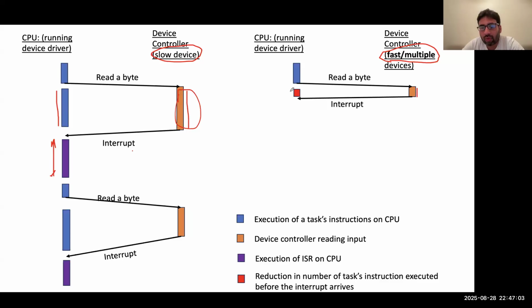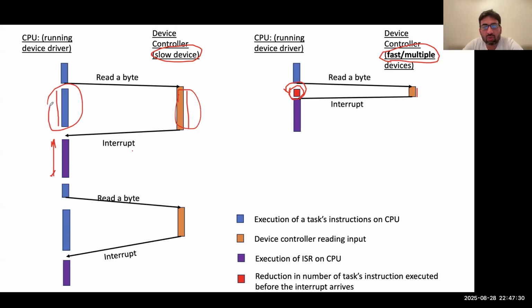Now the amount of time for which the CPU was waiting for the read operation to complete is relatively small. Hence, the CPU can complete only a relatively small amount of useful work before the interrupt arrives. What I want you to focus on is that this part is reduced here as compared to this figure.